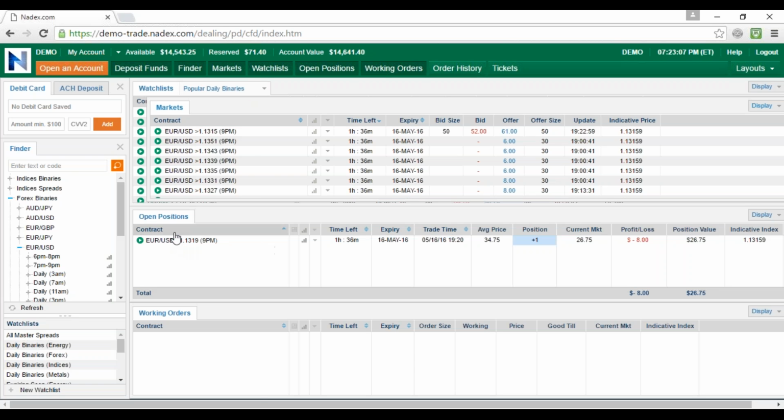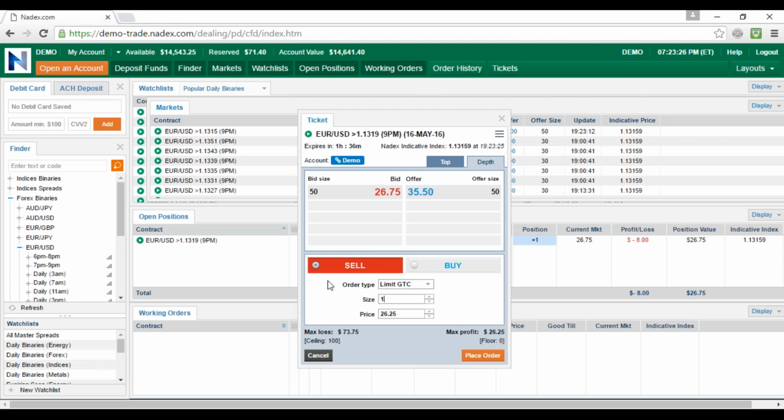And it's very simple. I bought this contract, all right, and for me to get out of it, I can hold it to expiration, or I can sell it early, right? So if I bought something, the way to get out of it early is to what? Sell it. So all I have to do is just click it. You see this green button? I just click it. It automatically opens a ticket already marked sell, right?